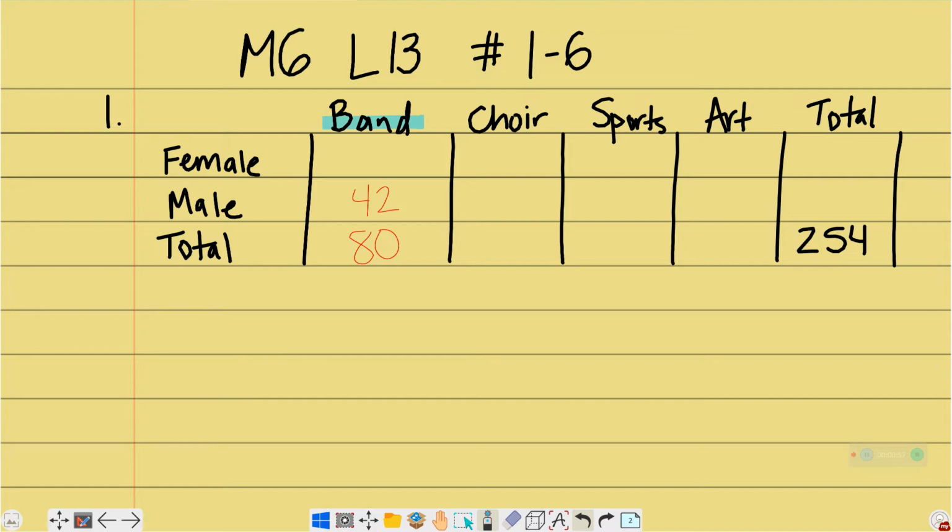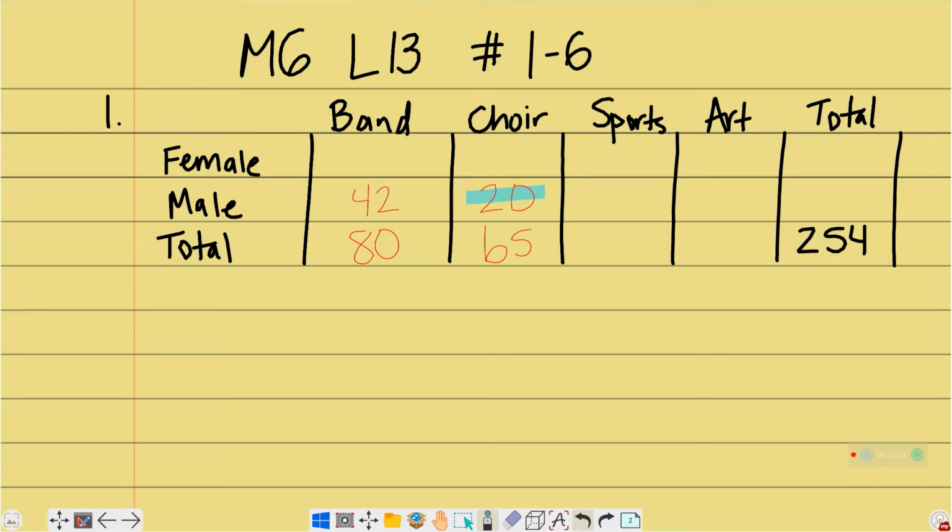Of the 65 students enrolled in choir, so the total choir, which is this column here, of the 65, 20 are male. So this box here is the male in choir.